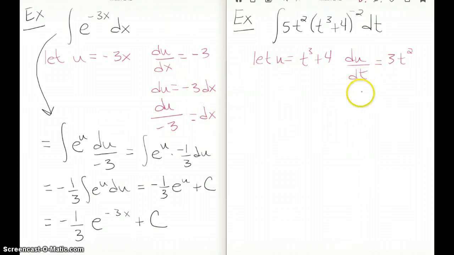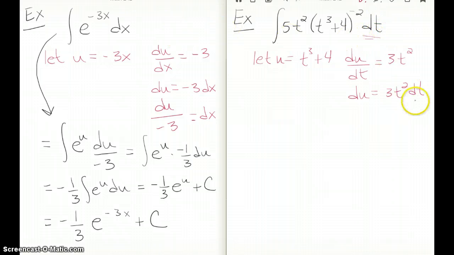I usually move the dt up, so this is du equals 3t squared dt. In some of our previous examples, it's been really easy because this expression has automatically been found in our integral up here. In this case, it's not true that we automatically have this expression here. So what some people like to do is simply solve for this dt or dx, like I was saying a second ago.